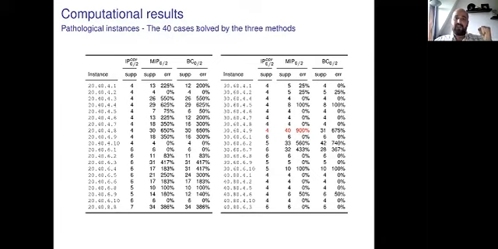By solved I mean that it was not a time limit, so the 3 methods finished normally. Of course, we know that ours is an exact method, so if it finished without a time limit, then this is the optimal solution. And here we can find the solutions obtained by the other 2 methods, and we can see that the error incurred is sometimes really high.